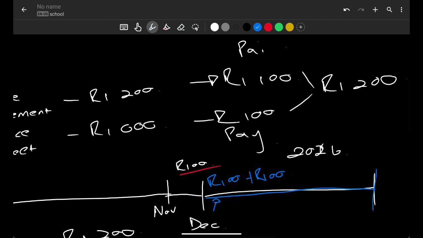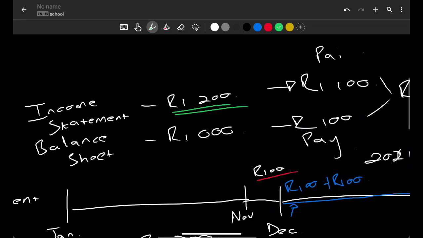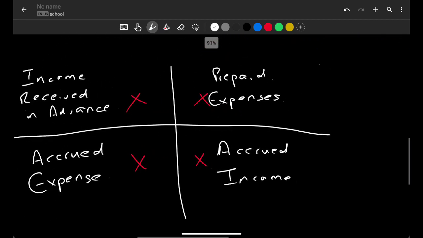Do you see that? So the income statement is going to reflect the full amount that you're supposed to pay. But because you know that only 1,100 Rand was paid, the rest of it goes to the balance sheet, 100 Rand there, right? So the question now is, what is the difference?